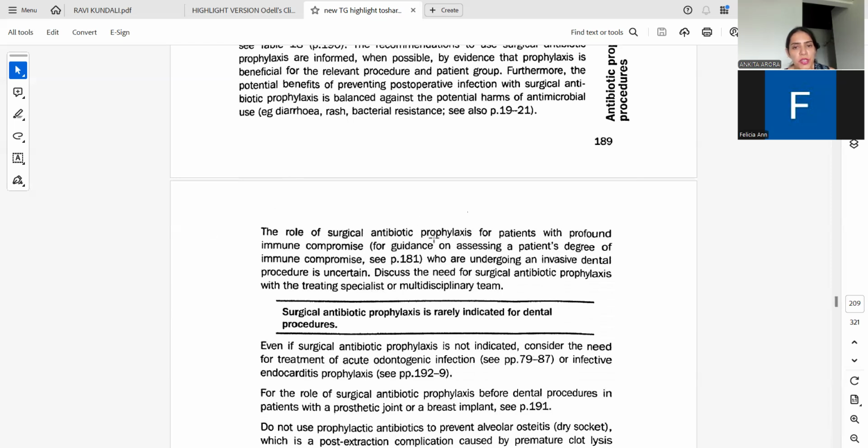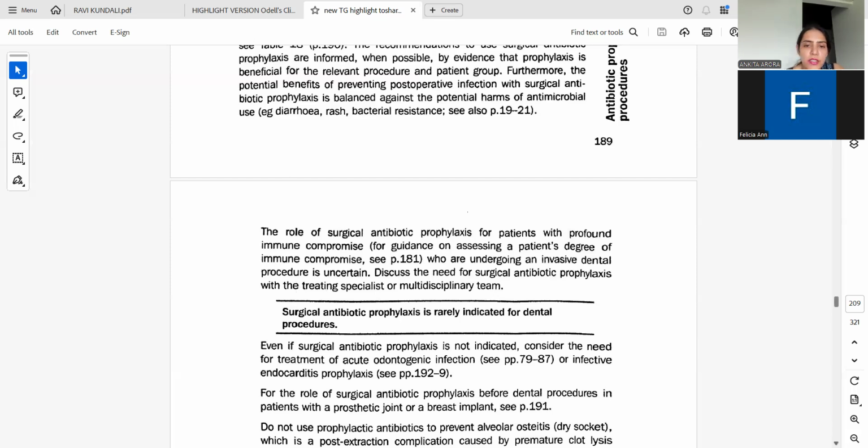Then the role of surgical antibiotic prophylaxis for patients with profound immunocompromise, depending on the patient's degree of immunocompromise, who are undergoing an invasive dental procedure is uncertain. We cannot be very certain about the need for antibiotic prophylaxis. So discuss this with the treating specialist or multidisciplinary team.